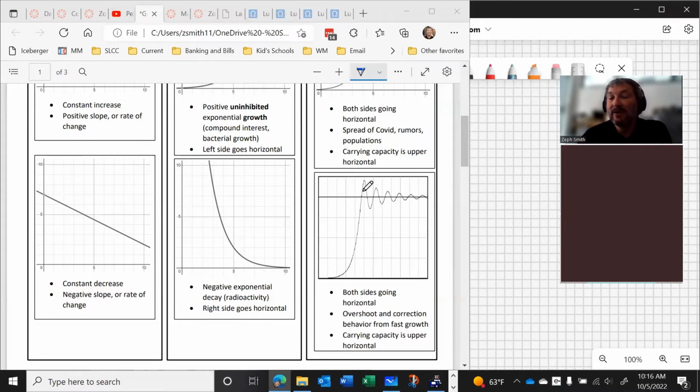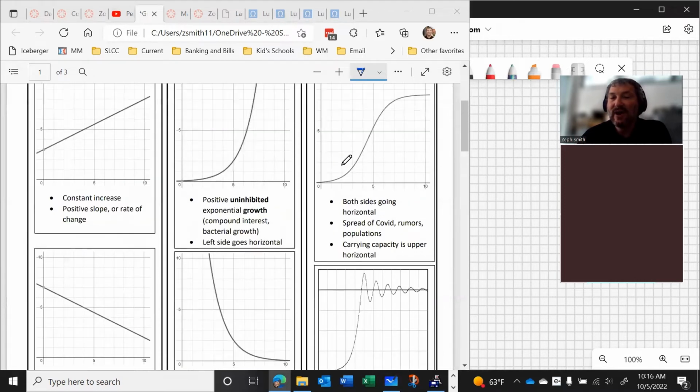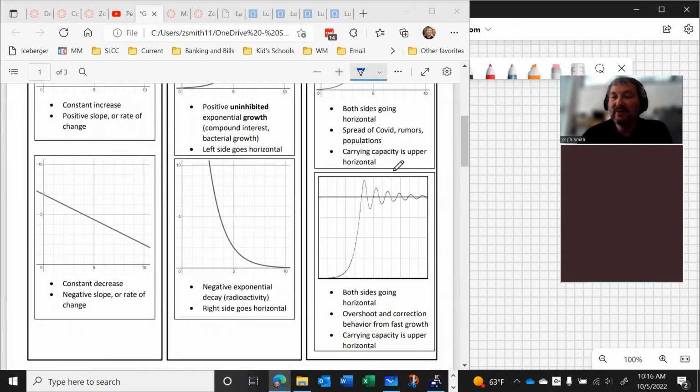You are now on borrowed time, essentially, and something happens and you die out until you're below the carrying capacity, and then you grow again. But your die off and your growth rates are so fast that there's no nice, slow, steady increase to the carrying capacity. Instead, it's this rapid growth, decay settling on. That just happens when you have a very fast growth rate. And again, the carrying capacity is this upper horizontal line.